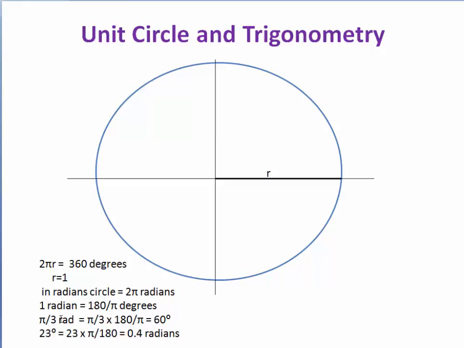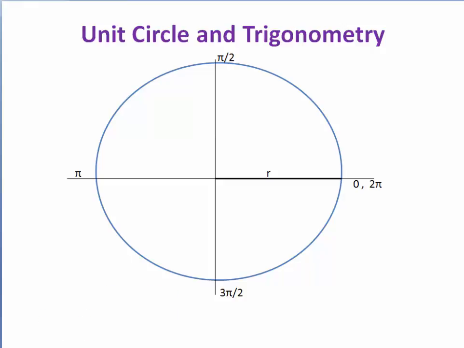So for example, pi over 3 radians would be pi over 3 multiplied by 180 over pi, which is 60 degrees. 23 degrees would be 23 multiplied by pi over 180, which is 0.4 radians. So this is how to convert radians into degrees. This is how to convert degrees into radians. So take a little while to go over that.